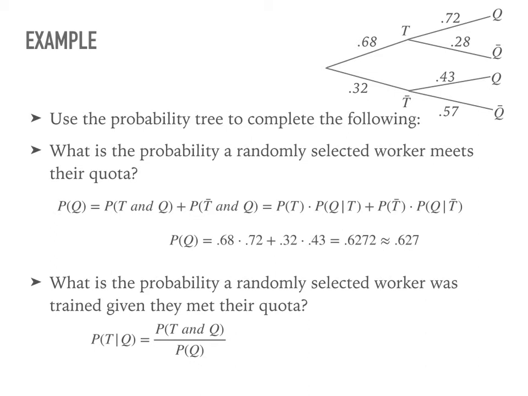We used in our last example the probability of trained and meeting quota. We saw that was 0.68 times 0.72, and we actually just found the probability of meeting the quota. So the probability of being trained given they met their quota is 0.68 times 0.72 divided by 0.6272, which gives us 0.781.